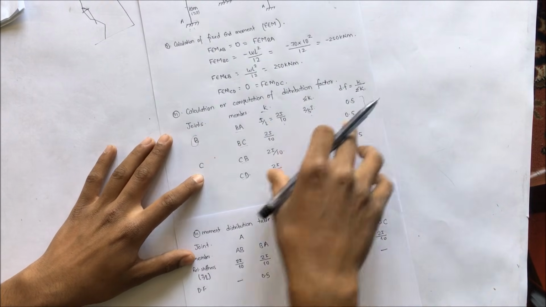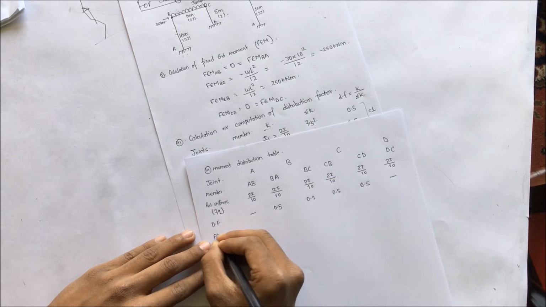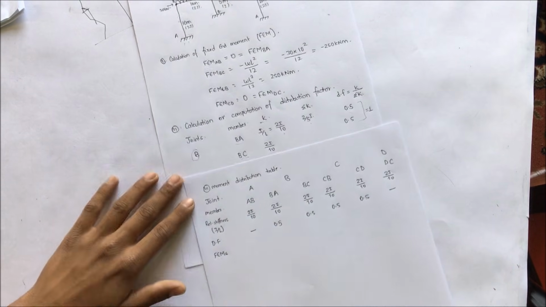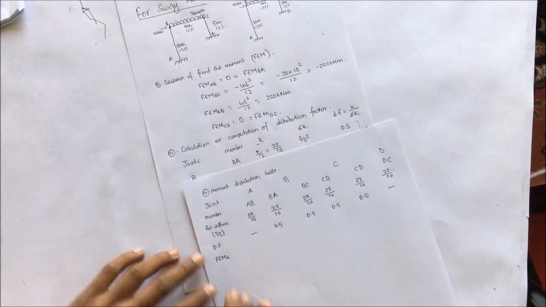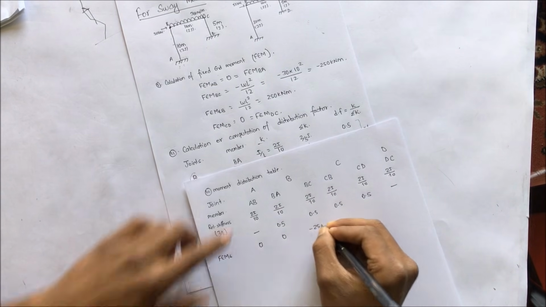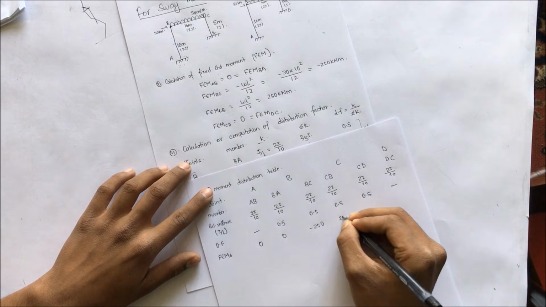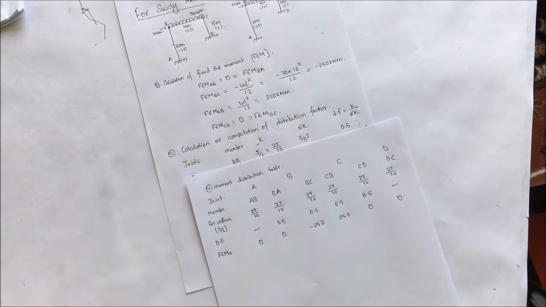This came from the calculation of distribution factor. Now fixed end moments, which we calculated in the first step, this is 0, 0, minus 250, 250, 0, and again 0. Are you getting this?